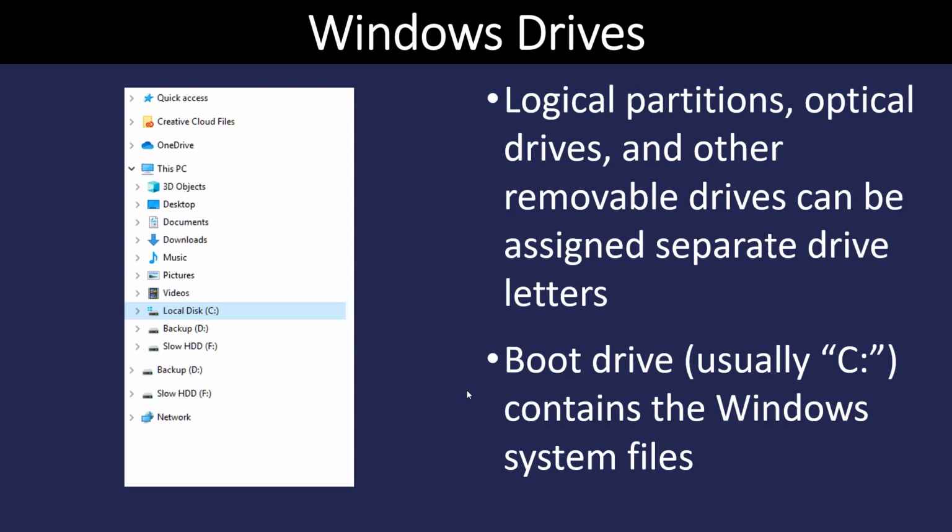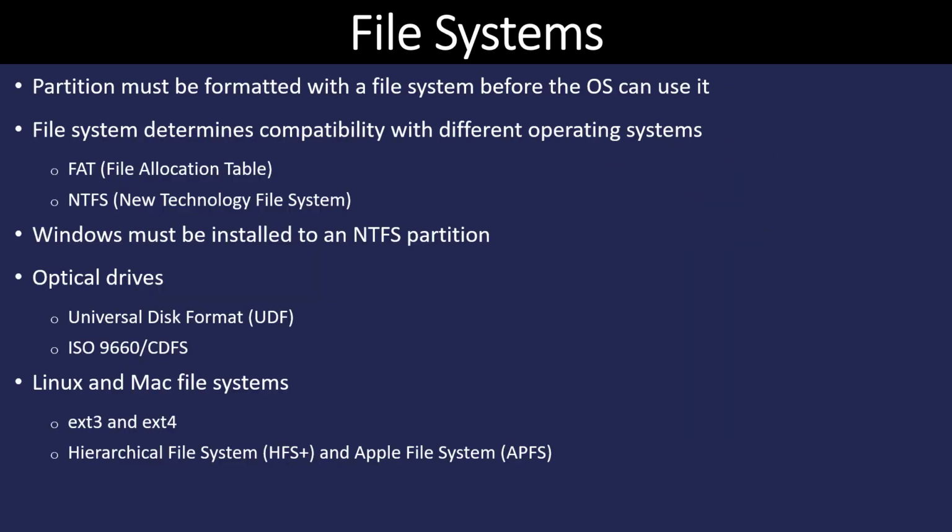The letters A and B for logical drives are reserved for floppy drives. C is reserved for the Windows boot drive. And then every letter after that could be anything from a flash drive to an optical drive. It can be reassigned as needed. A file system provides a way of separating data on the drive into individual pieces, which are files and folders.